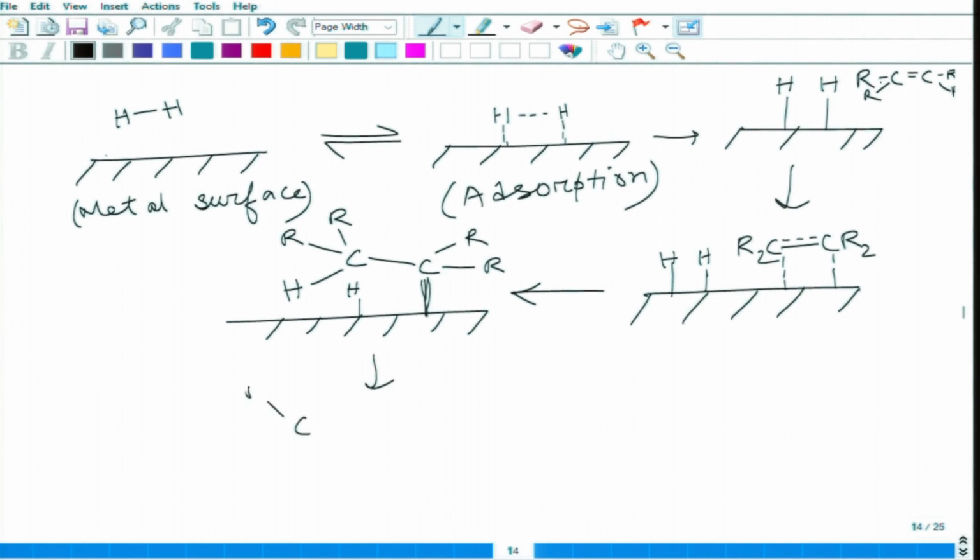So, ultimately it will form an alkane like this, and the metal surface is ready for the next adsorption again. So, we have discussed the preparation of alkanes from unsaturated hydrocarbons such as alkenes and alkynes. In the next lecture, we will study about other different methods for the preparation of alkanes. Thank you.